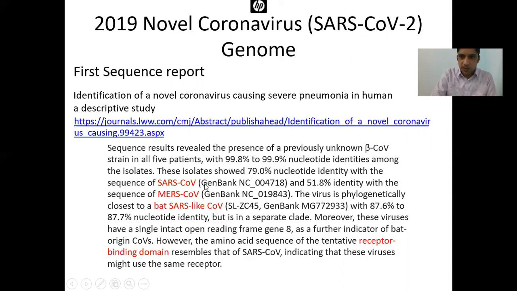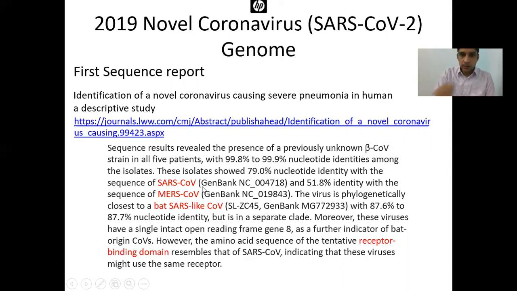I just highlighted some of the things: it has 79% nucleotide identity with the SARS-CoV, the original SARS virus from earlier, and it has 51.8% identity with the MERS. And this difference is a huge difference. You cannot consider this particular virus as SARS-CoV or MERS-CoV. That is why it is considered novel.